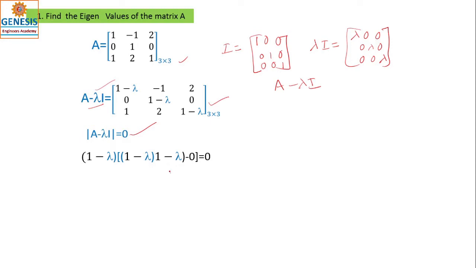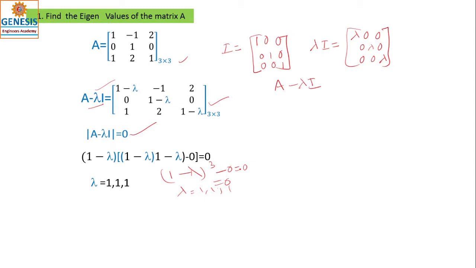By observing this, you can write lambda whole cube minus 0 equals 0. So lambda is 1, 1, 1. All roots are the same. So these 1, 1, 1 are the eigenvalues.